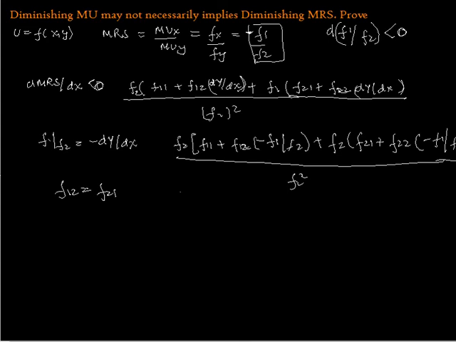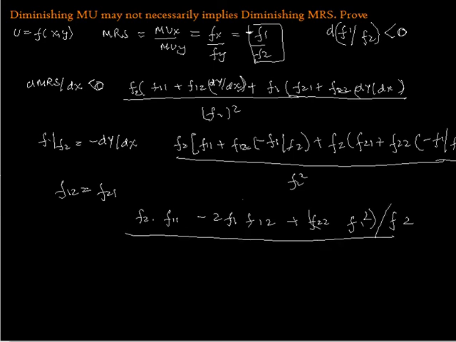If you calculate it further, you'll be getting the term f2 square into f11 minus 2 f1 f2 f12 plus f22 f1 square, upon f2 square.